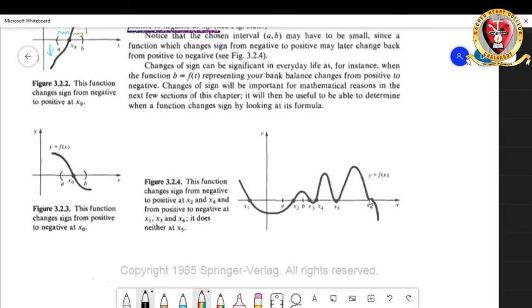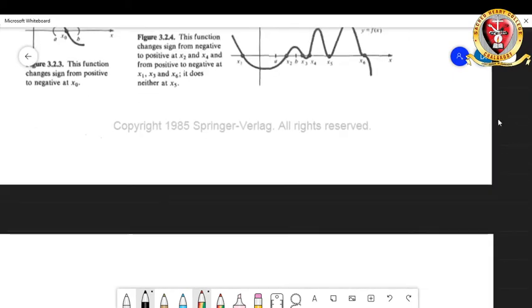And at x6 the function is changing from positive to negative. So that's the observation we get from the figure 3.2.4.